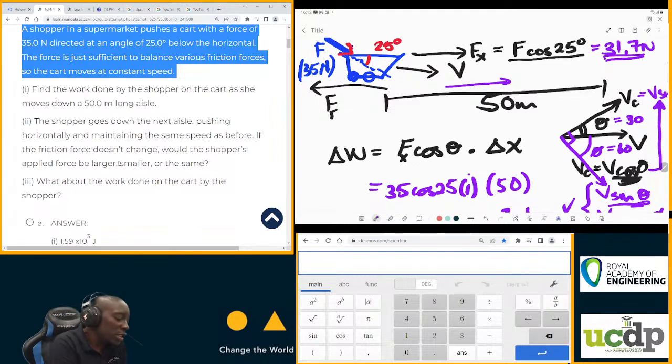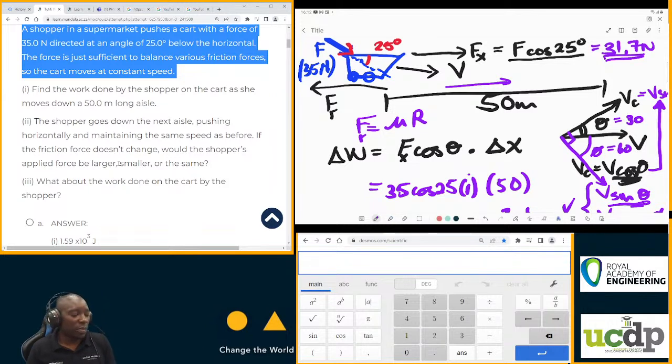Because remember, F equals mu times R, right? The frictional force there is mu times the reaction force. So because that reaction is greater, the frictional force will be greater. But if the coefficient of friction is the same, when we just push it horizontally, then that component which was acting horizontally against friction is still basically the same.